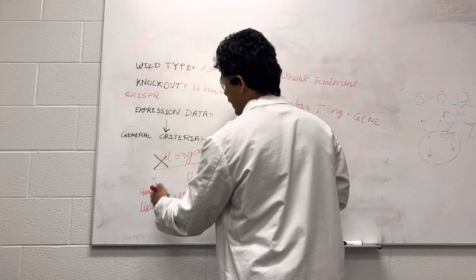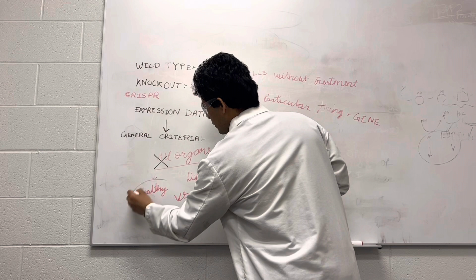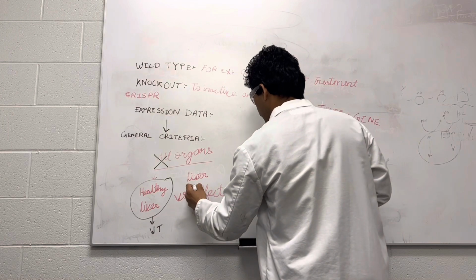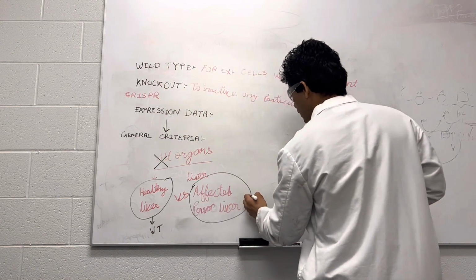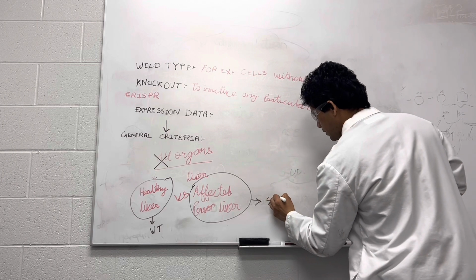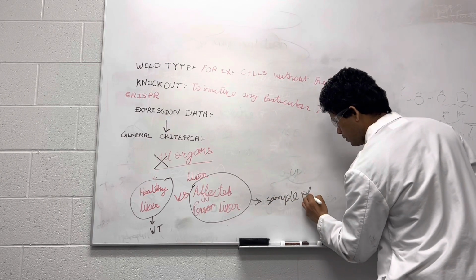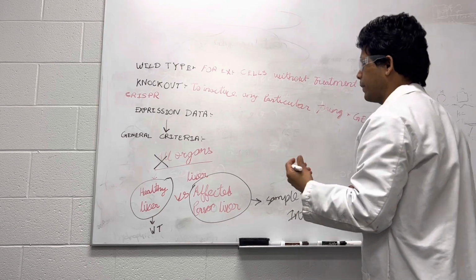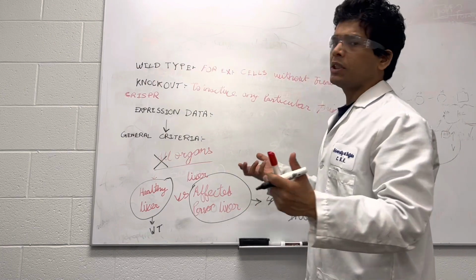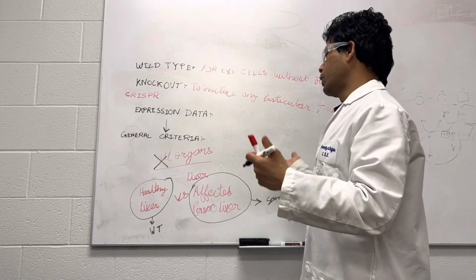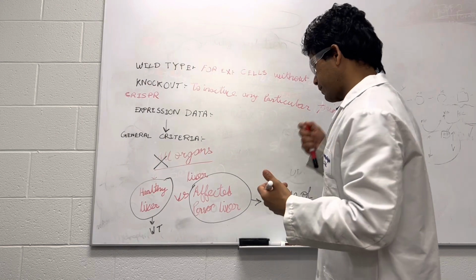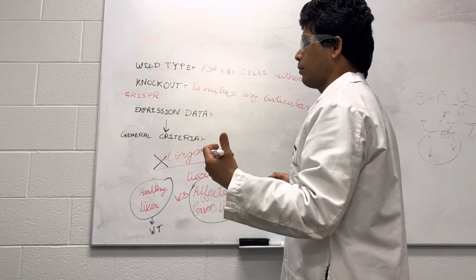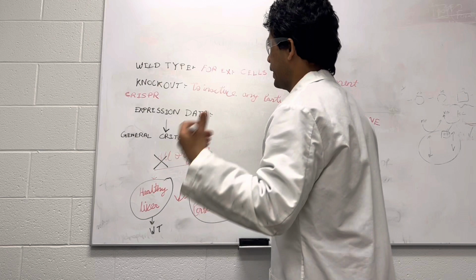So in this case, the healthy liver data is considered the wild type, and the affected person's liver data is considered the sample of interest. It might be possible that in the affected person some gene might have been altered or knocked out, but we don't know about it. That will be known by analyzing the data and using some bioinformatic tools to come to any conclusion.